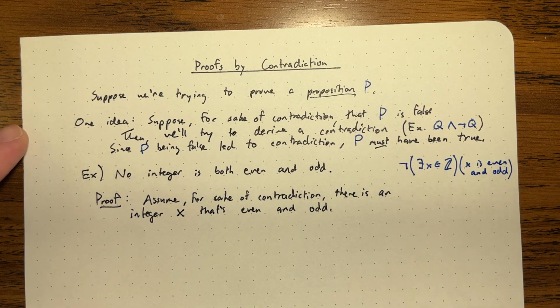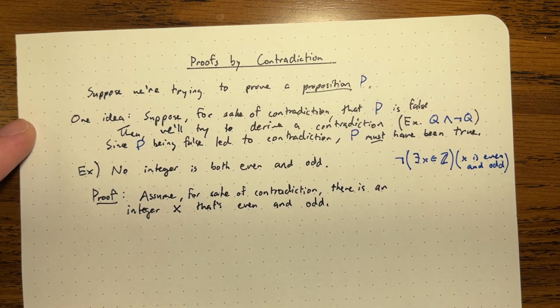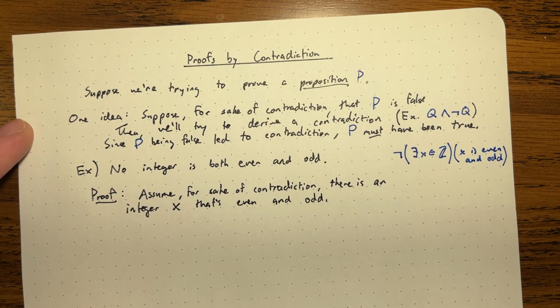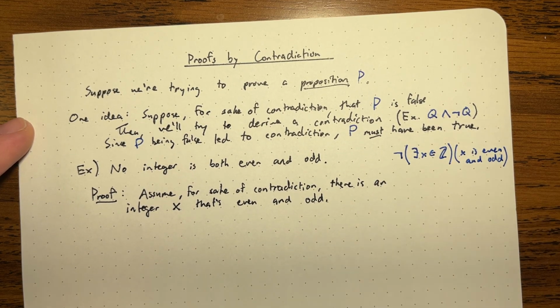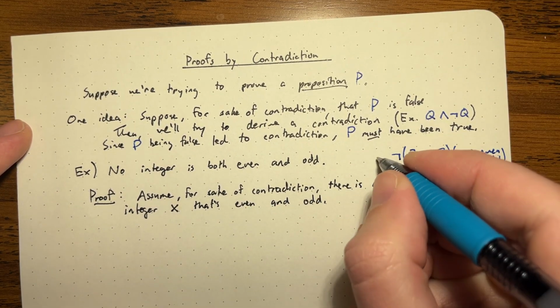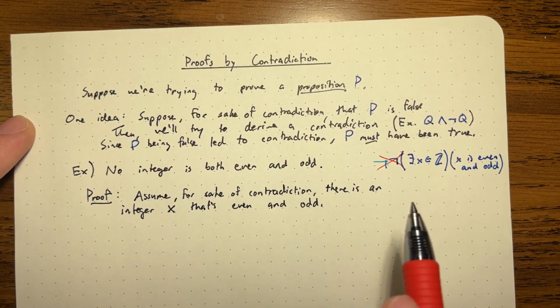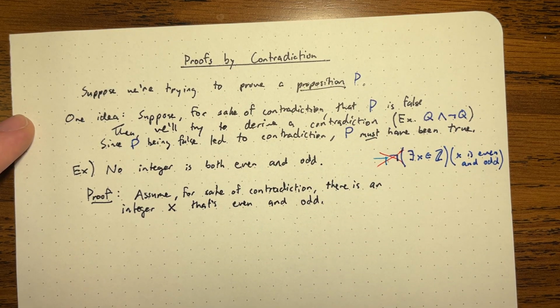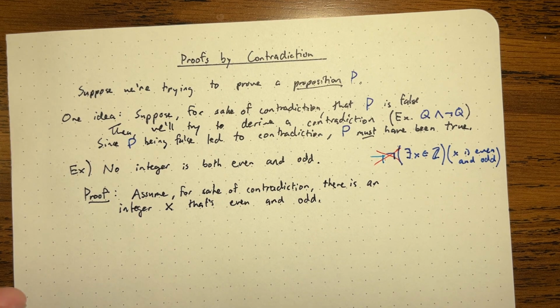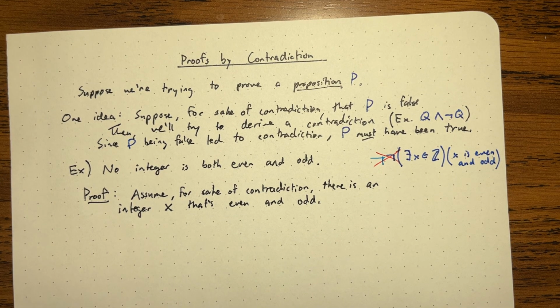And so the negation of this, if we put another symbol here, they cancel out. So the negation is, yeah, there exists an integer that's both even and odd. Okay.